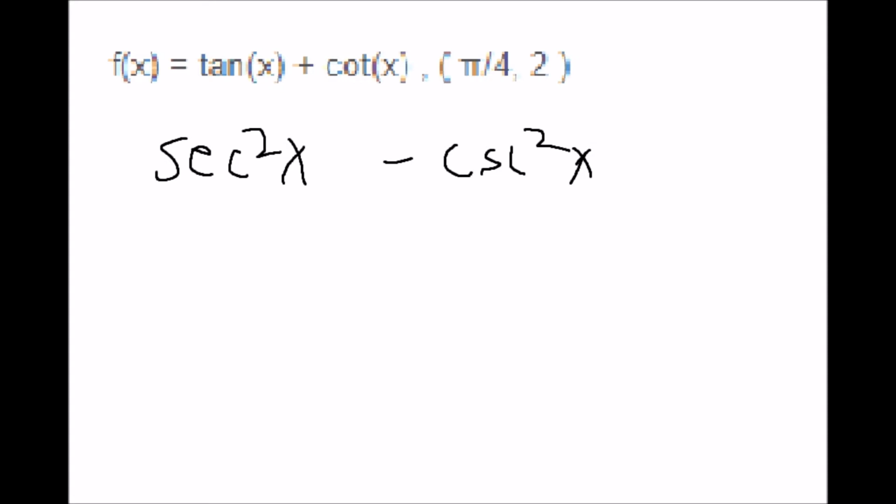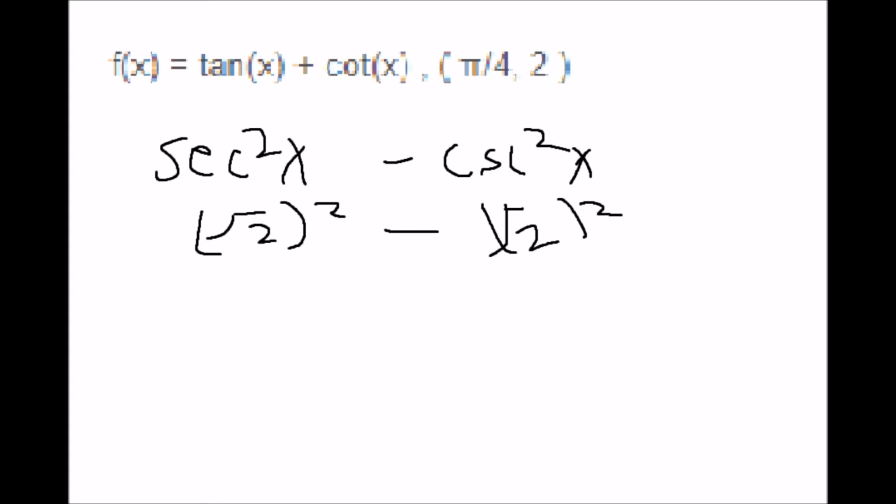Now we have to input our x value to find the slope, because we're trying to find the slope at that x value. The value of secant x at pi over 4 is root 2, I believe. So root 2, and it's secant squared, so you square it, minus, and I believe cosecant also has the same value, so root 2 squared.